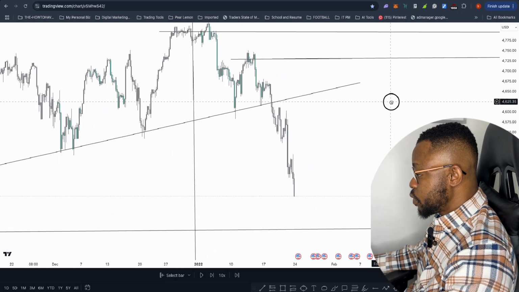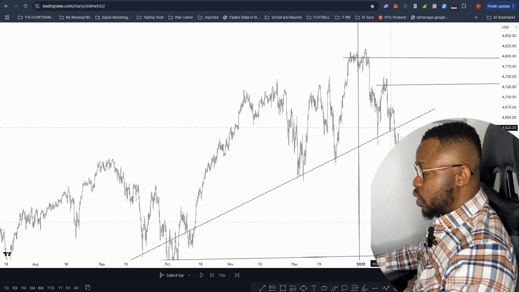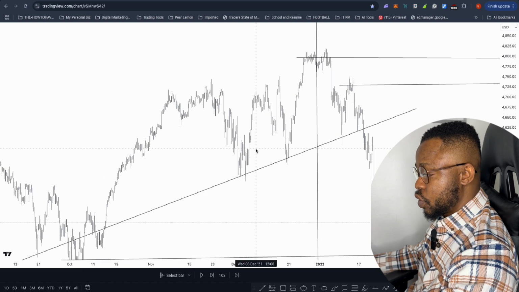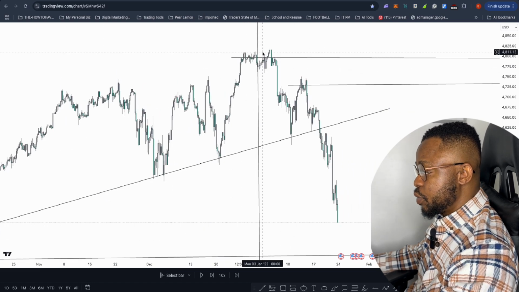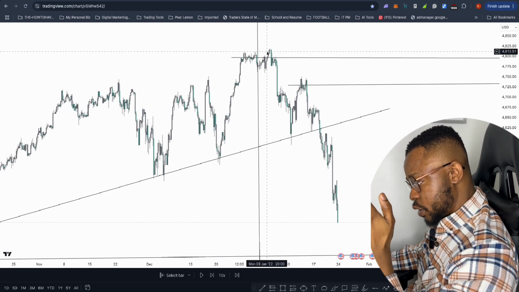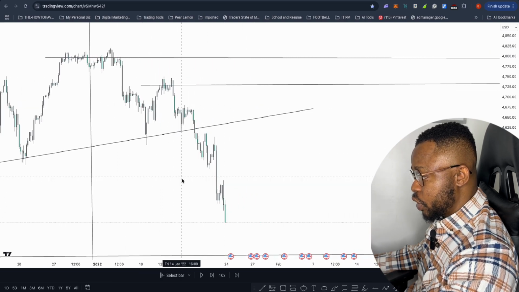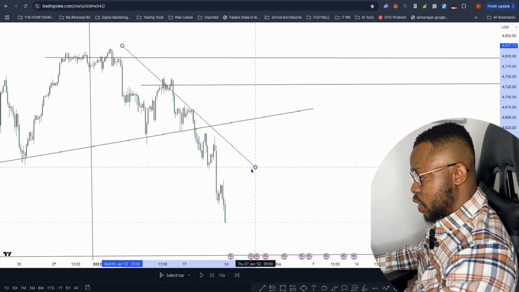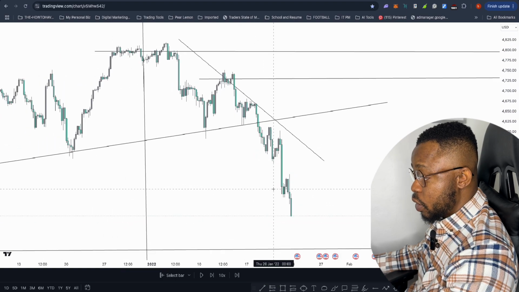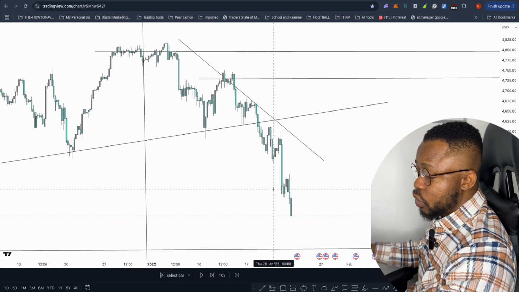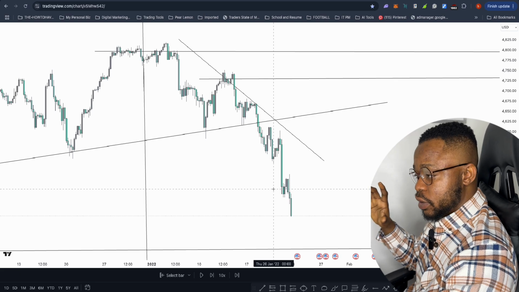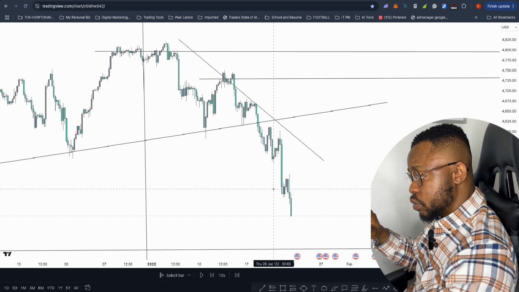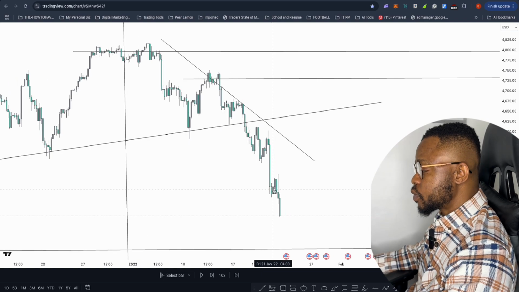So if we look at the 4-hour, on the weekly and the daily charts, we definitely saw that price was on an uptrend, but the immediate play, price has broken the uptrend, and on the 4-hour we can see clearly here that we have another downtrend. On the daily time frame, on the weekly, the overall picture is an uptrend. On the 4-hour, we can see price playing towards the downside.